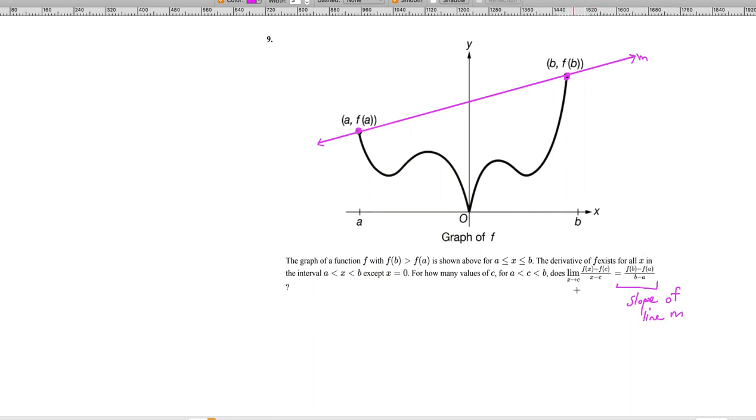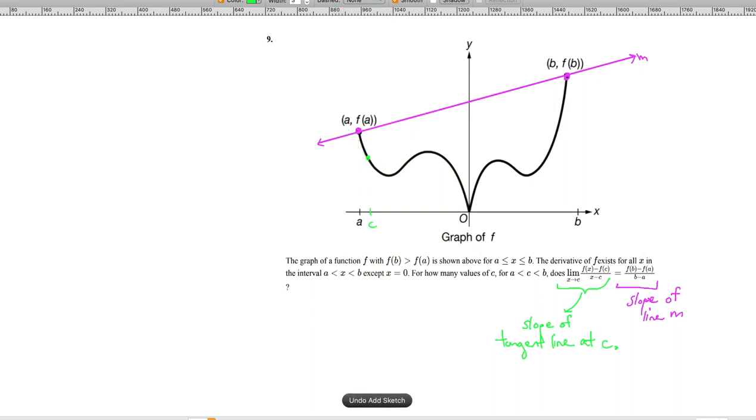M. Now I want to interpret the left hand side. So if we look at the left hand side, this here, this is the slope of the tangent line at C. Okay, so let's write that slope of tangent line at C. Now, if I look along here, basically that's going to be that if this is C, then this limit is going to be equal to the slope of this tangent line, the slope of that line.